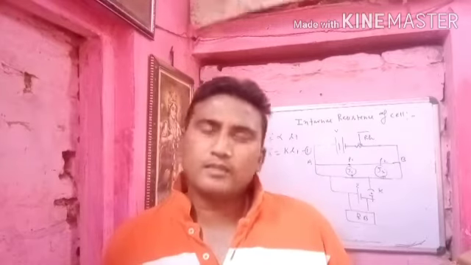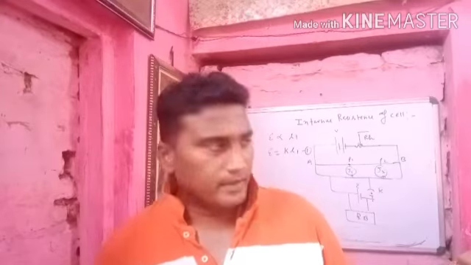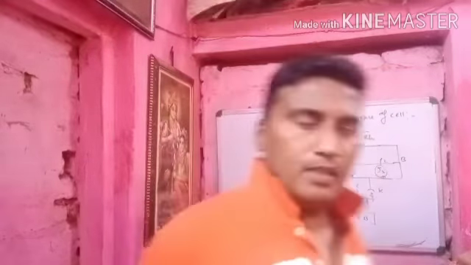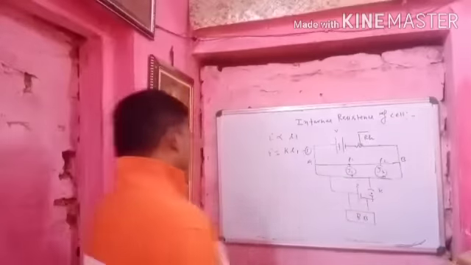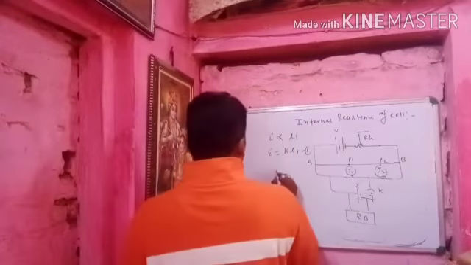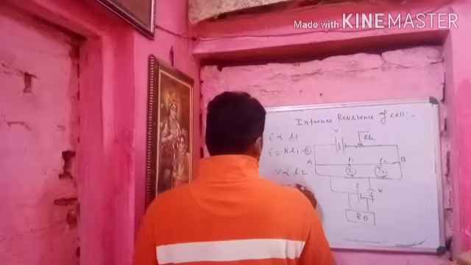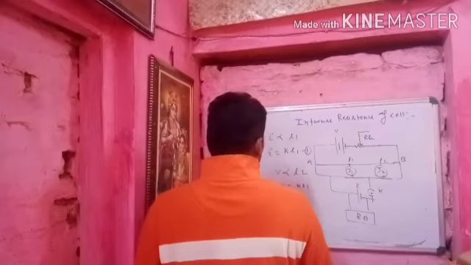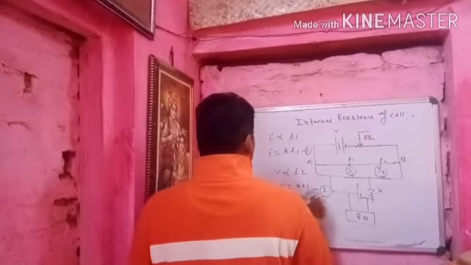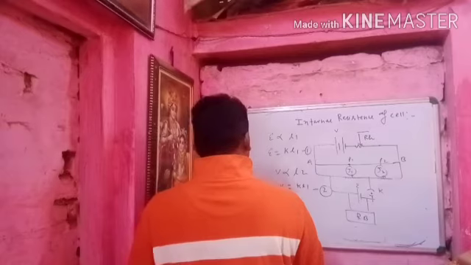In the same way, the potential difference V is directly proportional to L2, then V is equal to K L2. Equation 2. Equation 1 is divided by equation 2.